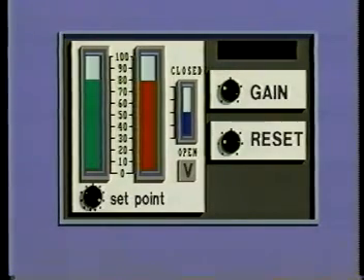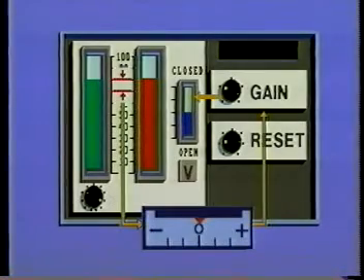The frequency with which the integral unit resets the proportional unit can be adjusted. This frequency is expressed as repeats per minute or minutes per repeat. Reset control, then, is a function of the time of deviation. In the case of the chemical plant, when the second bottling machine started up, the additional load caused the temperature to drop.